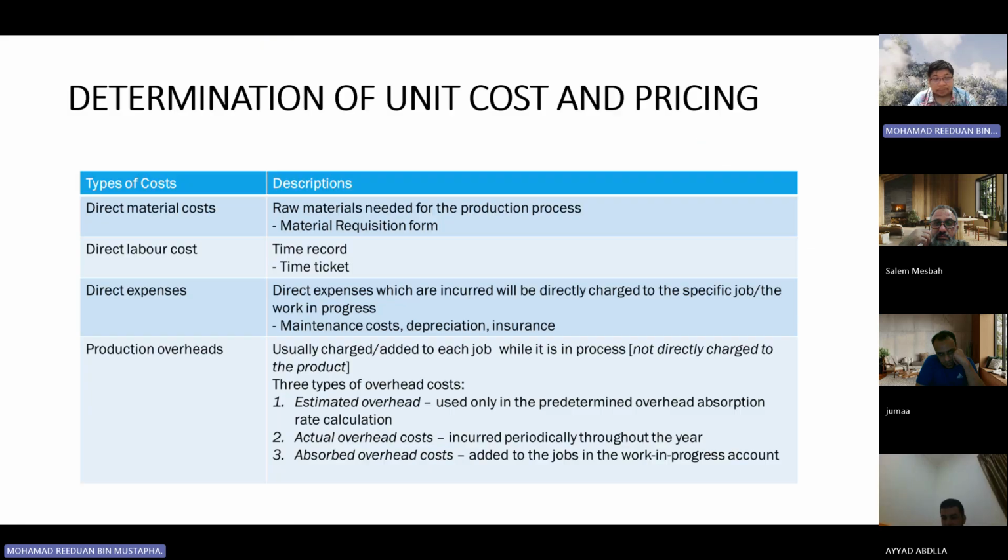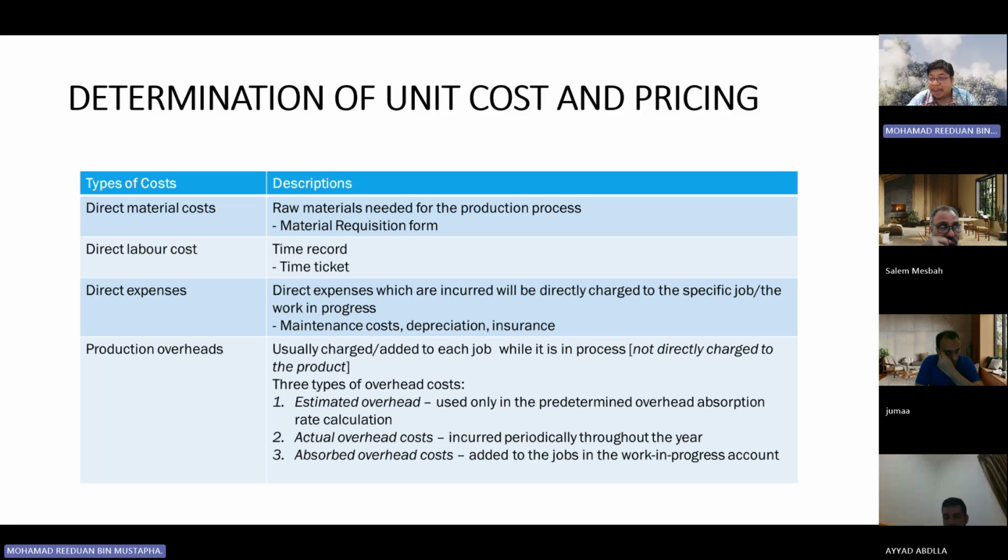Okay, then let's look into the determination of unit cost and pricing. If you look into the types of cost, there is the direct material cost, the raw materials needed for the production process, like the material requisition form.